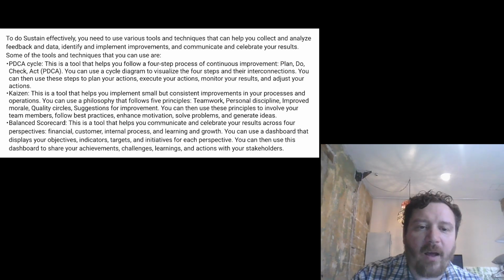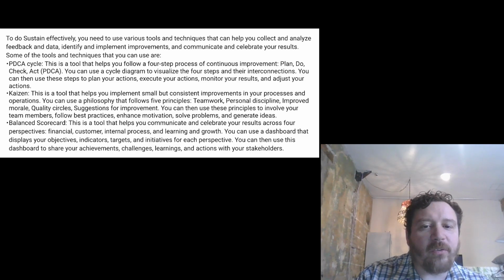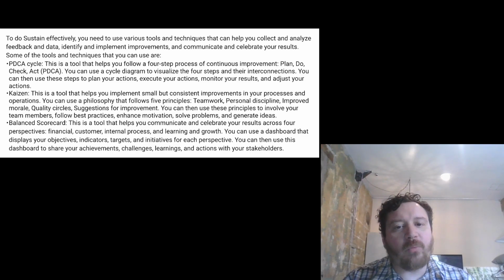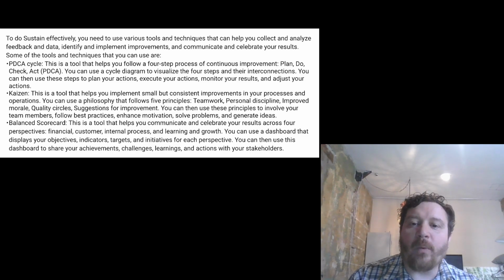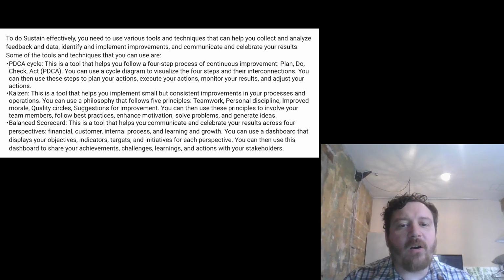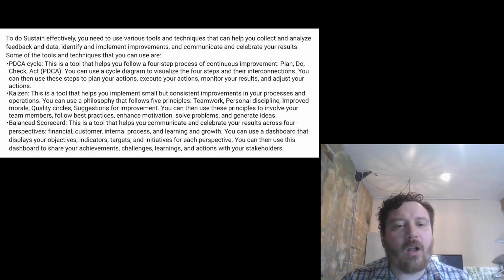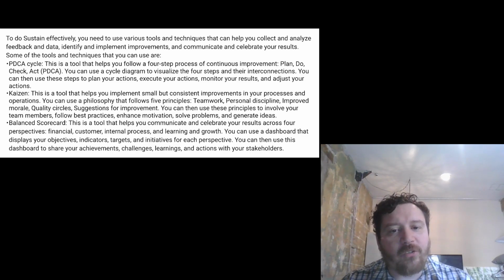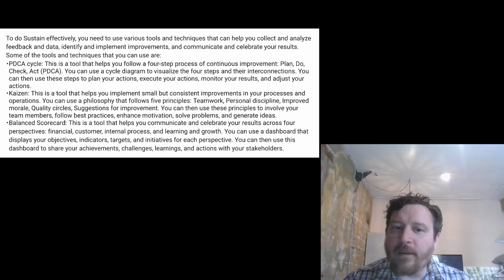Internal processes. We shared our internal process results such as service quality, delivery speed, innovation capability, and operational efficiency with our stakeholders. We celebrated our achievements such as launching 2 new services in the next year. We also acknowledged our challenges such as improving our service quality or our delivery speed.